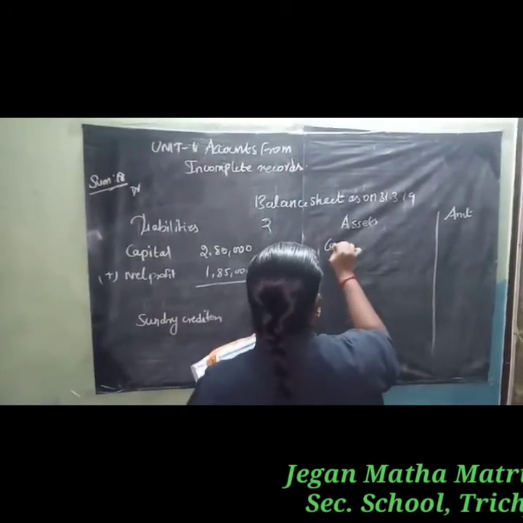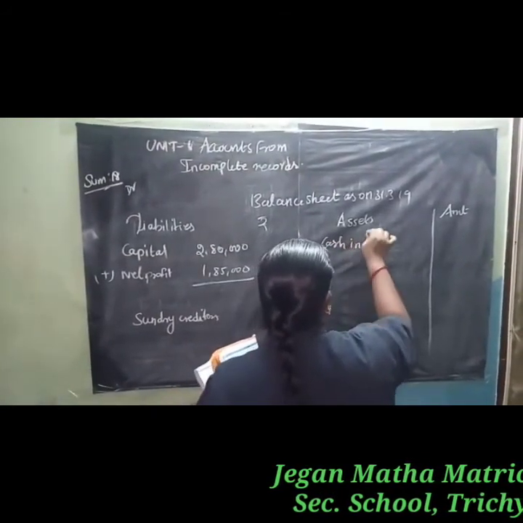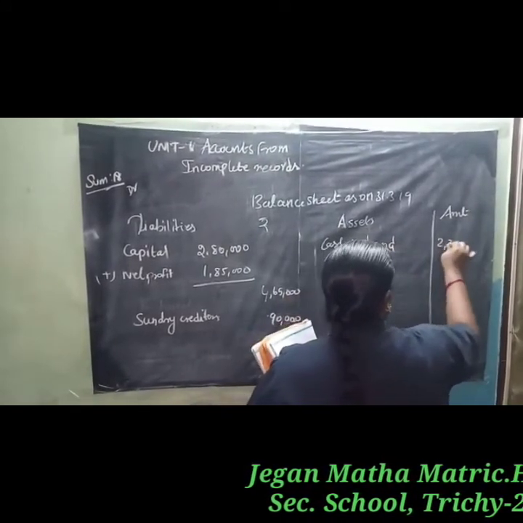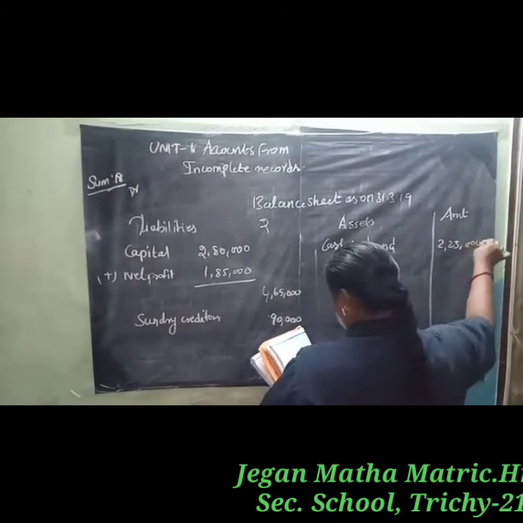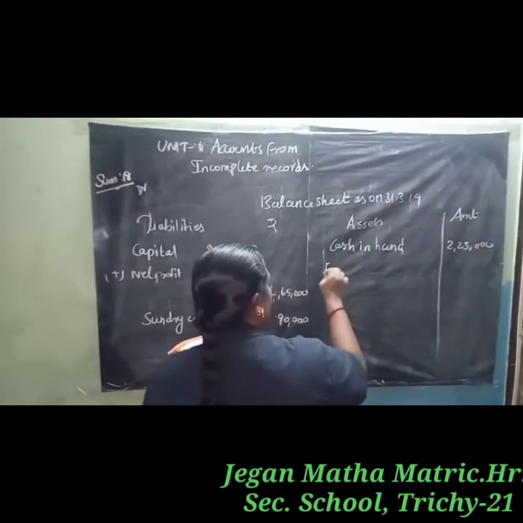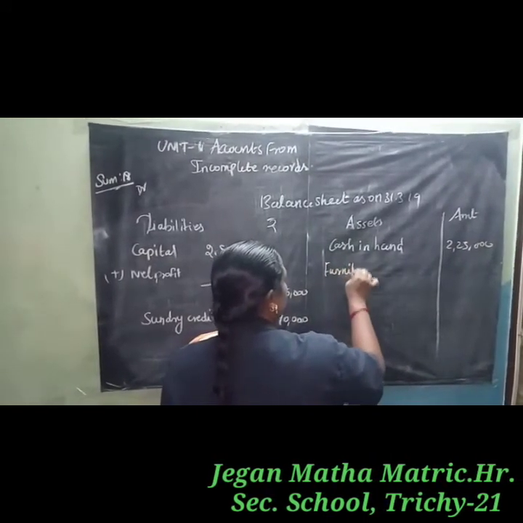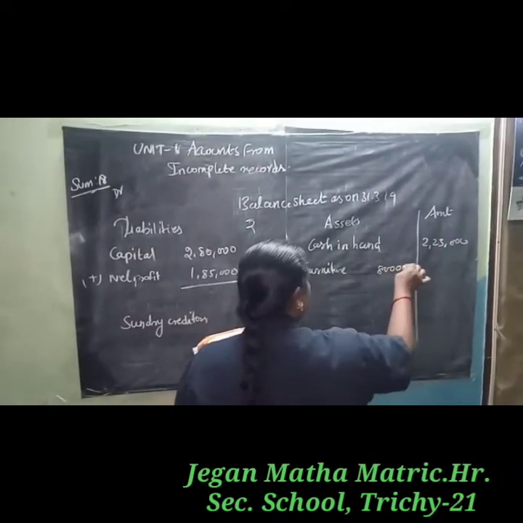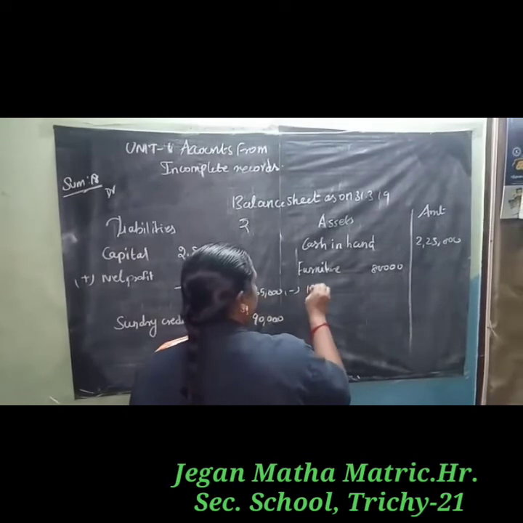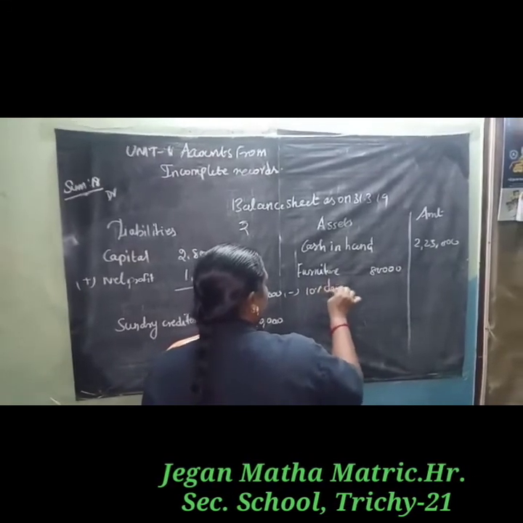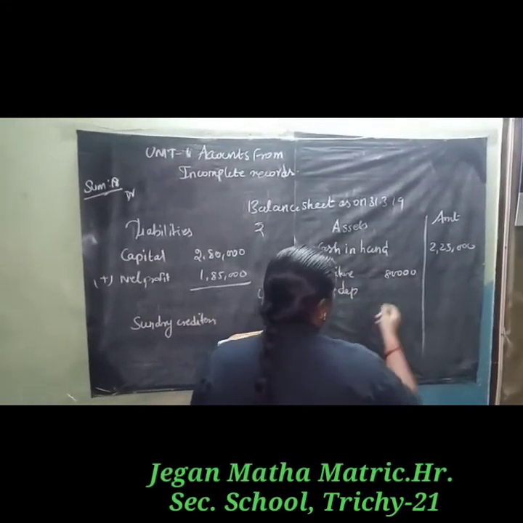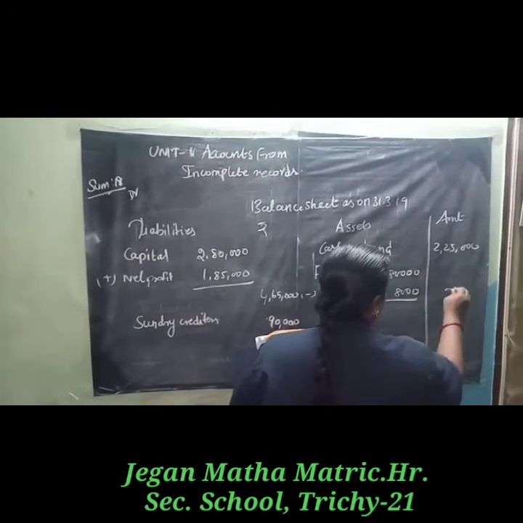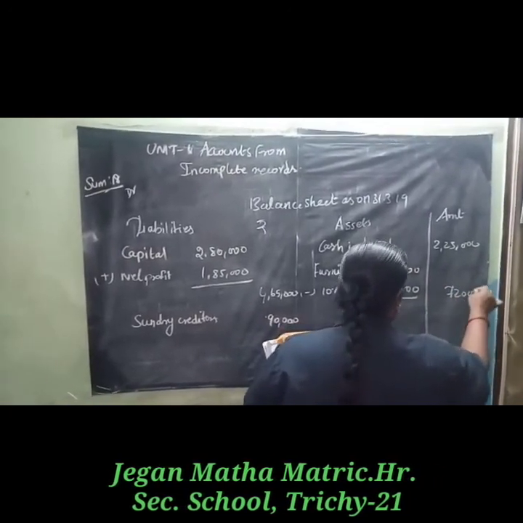Next go to the asset side. We write the current asset, cash in hand 2,23,000. Then furniture, a fixed asset: 80,000 minus 10% depreciation, which we already found to be 8,000. So 80,000 minus 8,000 is 72,000.